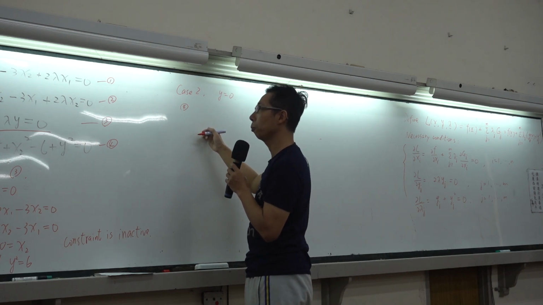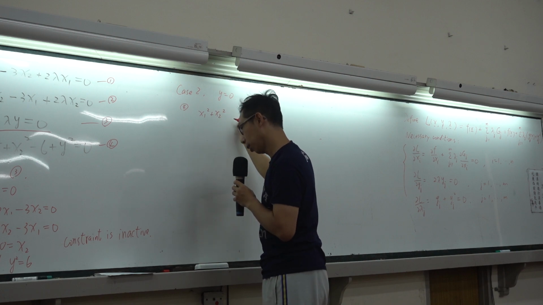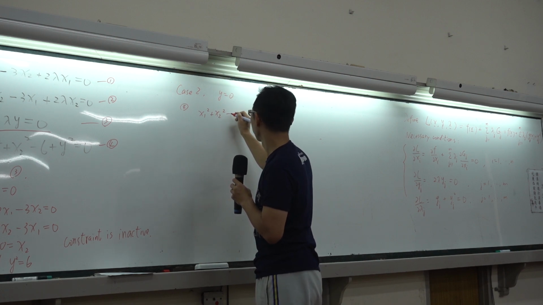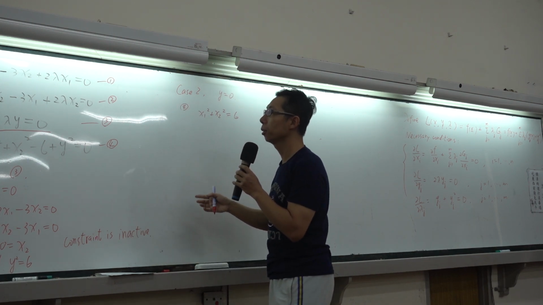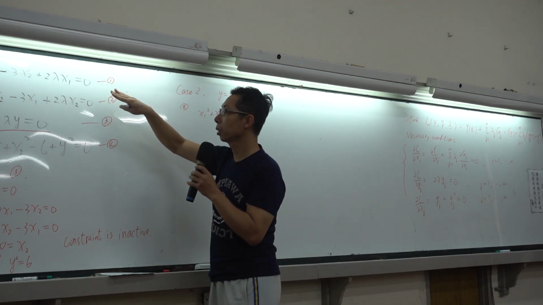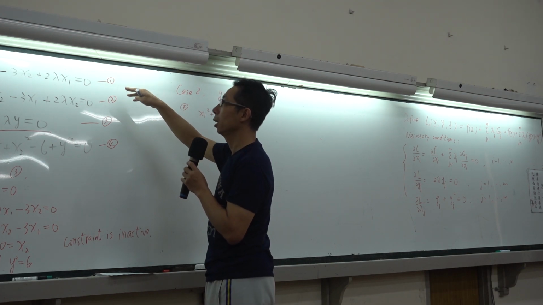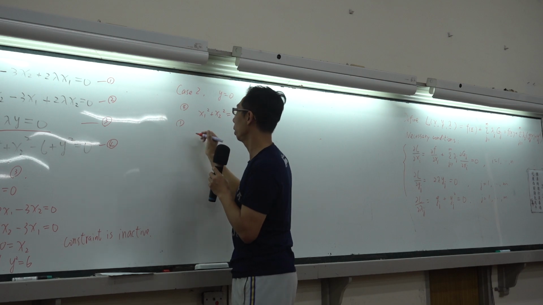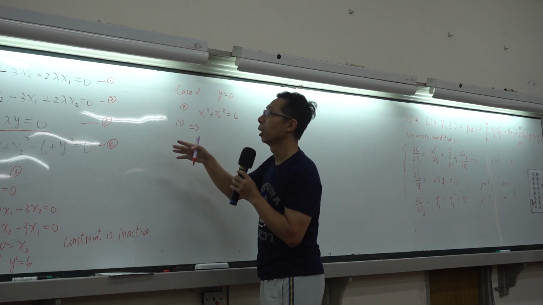Equation 4 now becomes x1 squared plus x2 squared equals 6. And let's also come back here to try to rearrange equation 1 and equation 2.